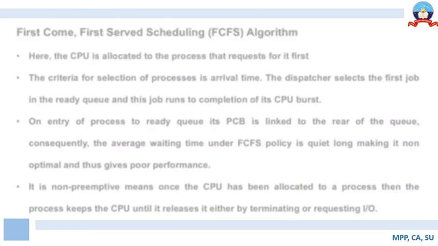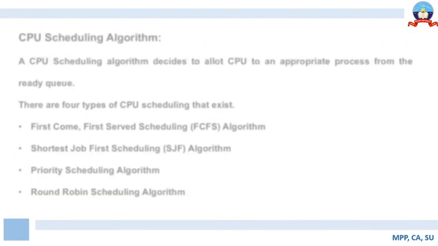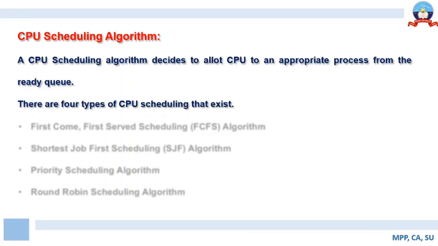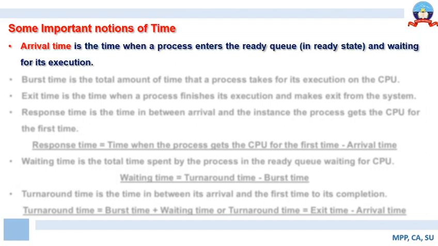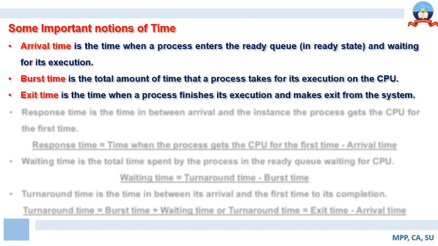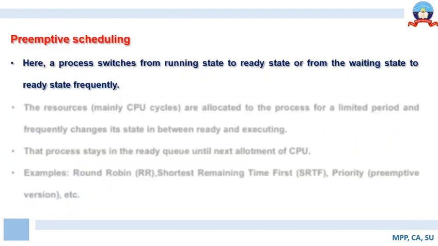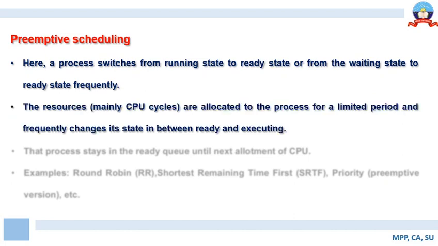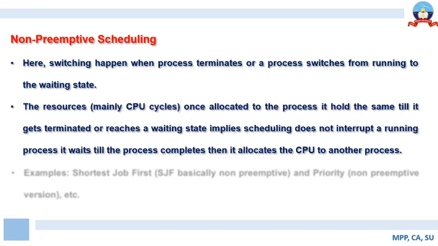In this particular class, we have learned about what CPU scheduling is, and we have discussed some examples of scheduling algorithms. Then we discussed some important notions of time: arrival time, burst time, exit time, response time, waiting time, and turnaround time. Then we moved on to the distinction between preemptive and non-preemptive scheduling, with examples.